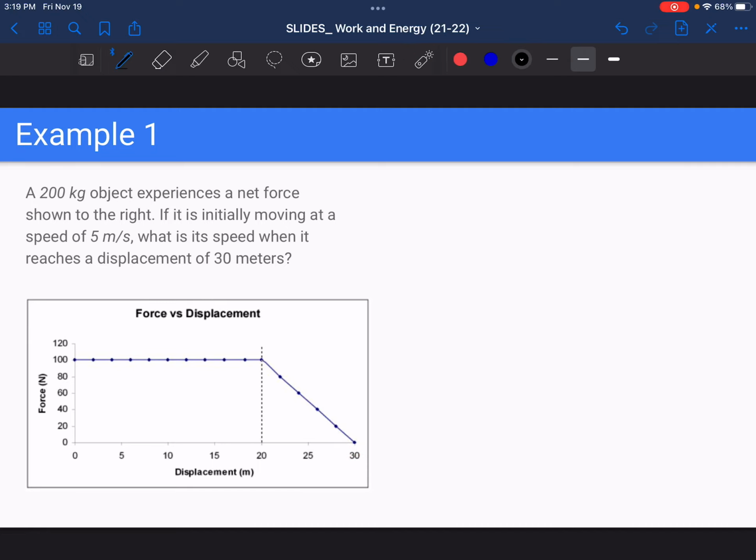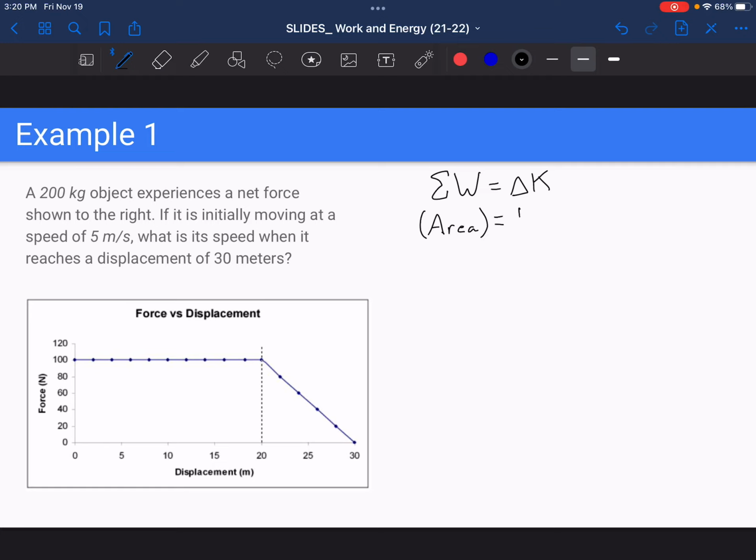If we want to do this, first thing we need to do is think about the work energy theorem, which says that the total work done on our object should be equal to its change in kinetic energy. And the total work done on our object should be the area of that force versus position graph.